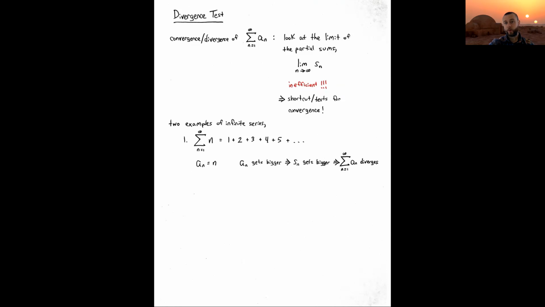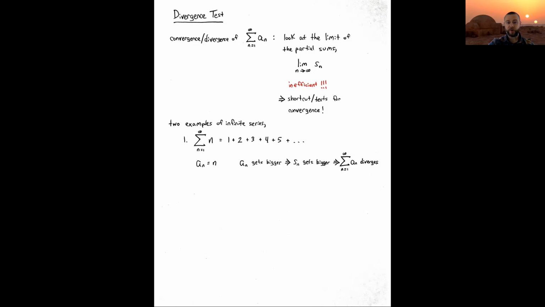Now, an intuitive or basic way to look at this is that the terms A sub n are getting bigger as we go further in that infinite series. And if you think about it, adding up terms that get increasingly bigger, the end result should be a very large sum. If you add up an infinite amount of increasingly larger terms, your end result should be that you get an infinite sum.